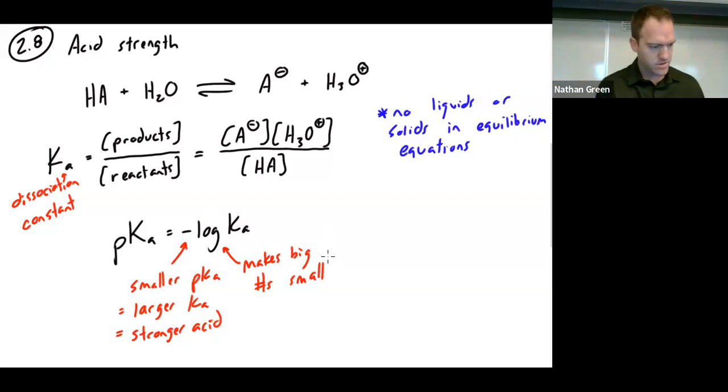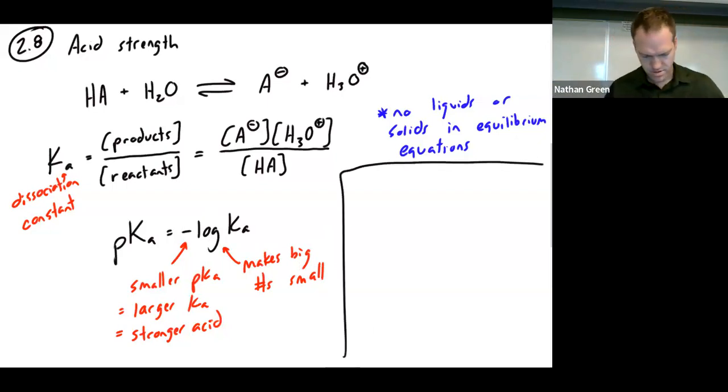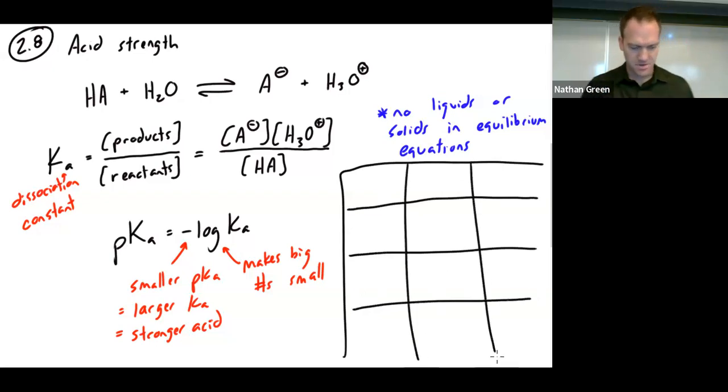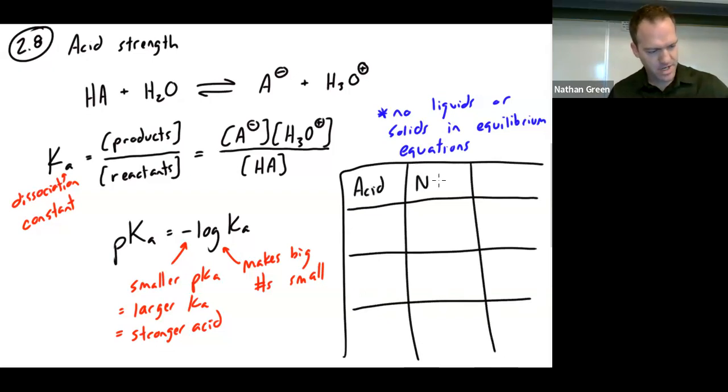So let me show you an example. I'll draw another table here. I have 3 examples, 3 categories here. I'm so good at drawing tables. Look at me go. I'll have an acid over here, the structure of it, the name of that, and its pKa.